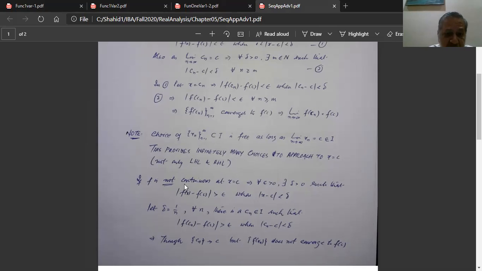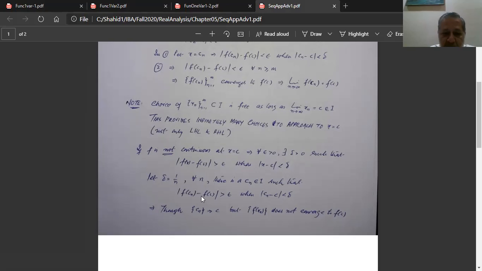Now if f is not continuous at x equal to c, it means |f(x) minus f(c)| will be greater than epsilon. That means image values will not be close to f(c), that means the limit of the function is not equal to f(c). In this case, whenever x is close to c, f(x) is not necessarily close to f(c). If I take 1/n in place of delta, for every n there is a cn in the interval such that |f(cn) minus f(c)| is greater than epsilon whenever cn is close to c.